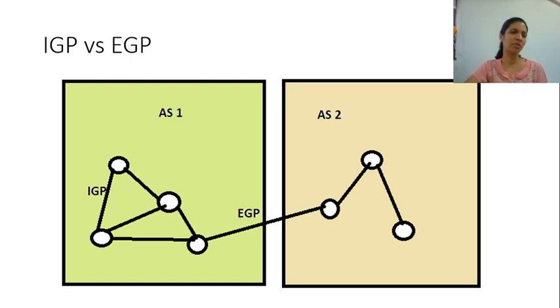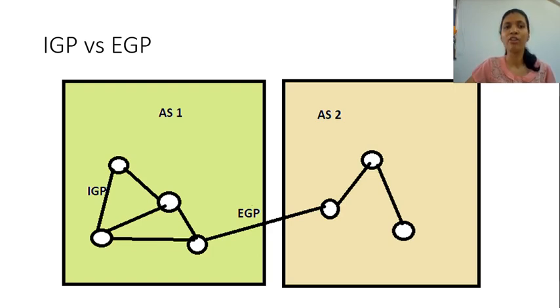Some examples of interior gateway protocols include RIP, OSPF, EIGRP, IS-IS, and so on. In the case of exterior gateway protocols, BGP or Border Gateway Protocol is the most widely used EGP. For the purpose of CCNA, we are just going to take a look at the interior gateway protocols, not the exterior gateway protocol.